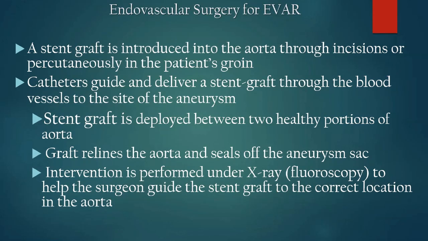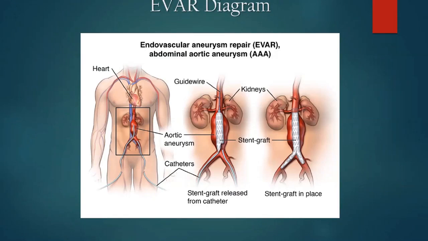The stent graft then realigns the aorta and seals off the aneurysm sac. All of this is performed under fluoroscopy, which guides the surgeon in placement of the stent graft in the correct location.